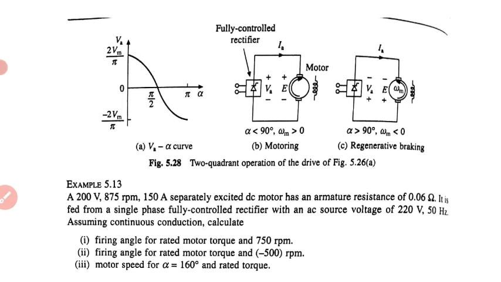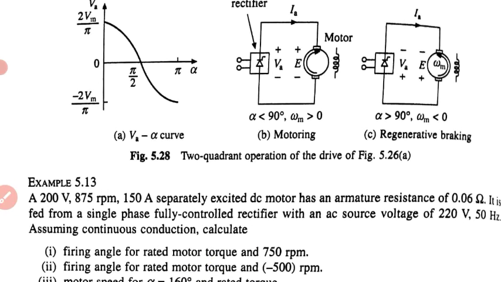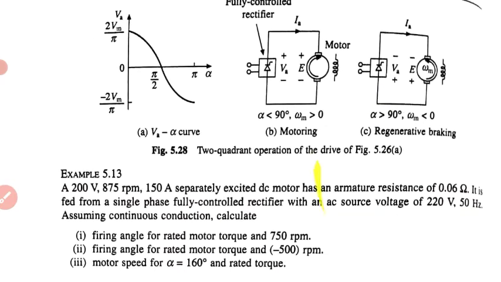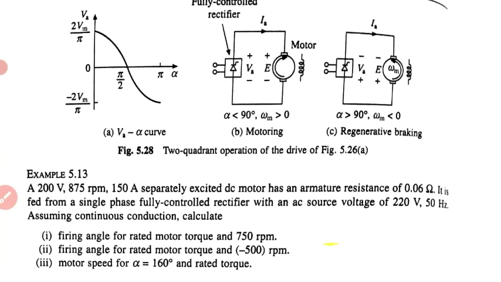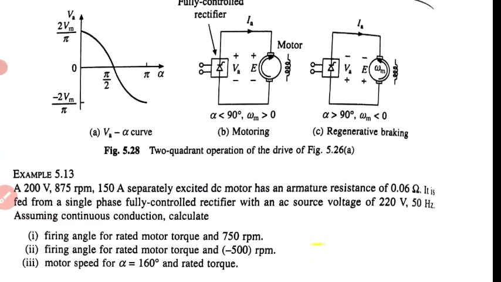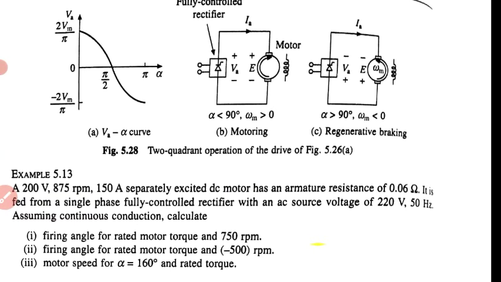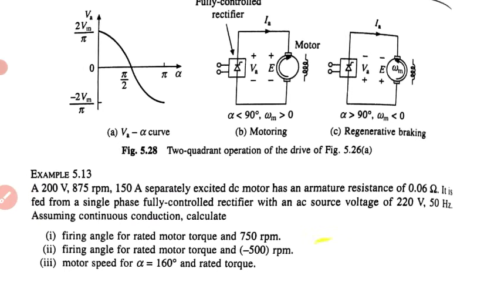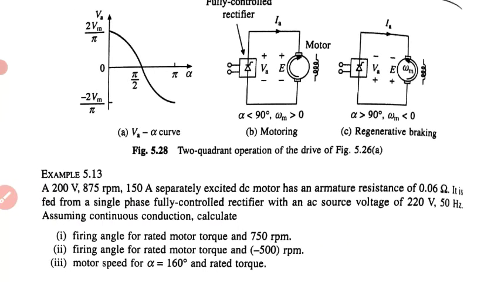With this I conclude. In the next class I will solve a numeric problem, which is given here. Let me discuss what the problem is, and I will solve it in the next video lecture. A 200 volt, 875 rpm, 150 amp separately excited DC motor has an armature resistance of 0.06 ohm. It is fed from a single phase fully controlled rectifier with an AC source voltage of 220 volts, 50 Hz.